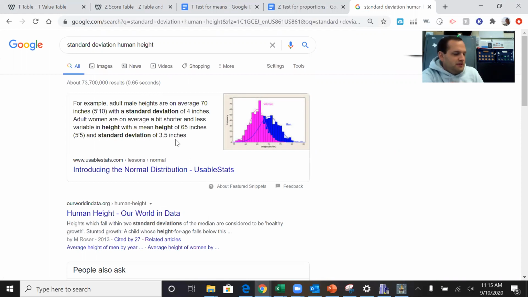So 65 inches plus 11 times 3.5. All right. So here, comparing 11 standard deviations to human height, just making this reality, you would have to find somebody that's almost 9 feet tall if they were 11 standard deviations taller than average, okay?